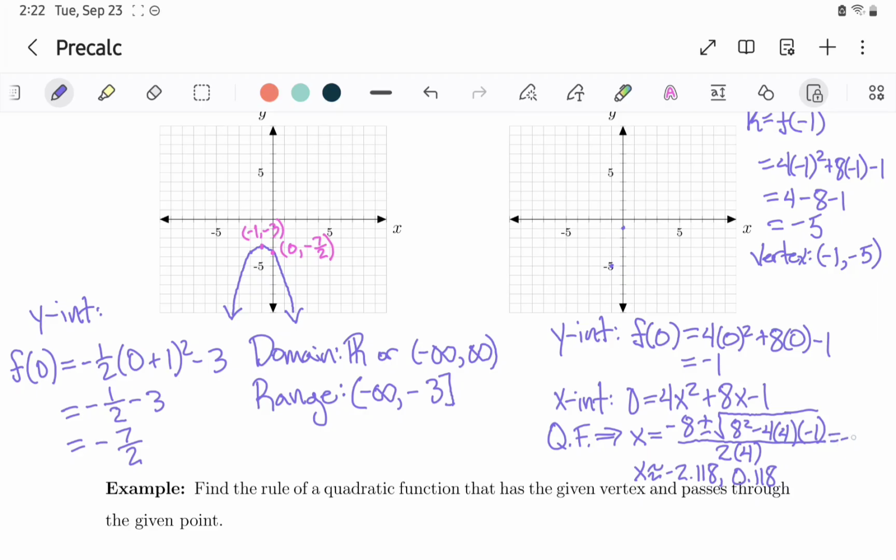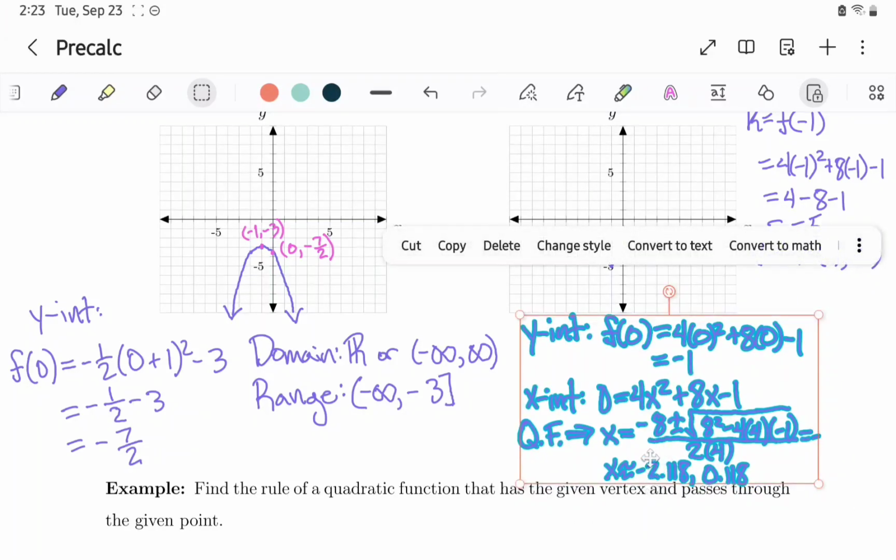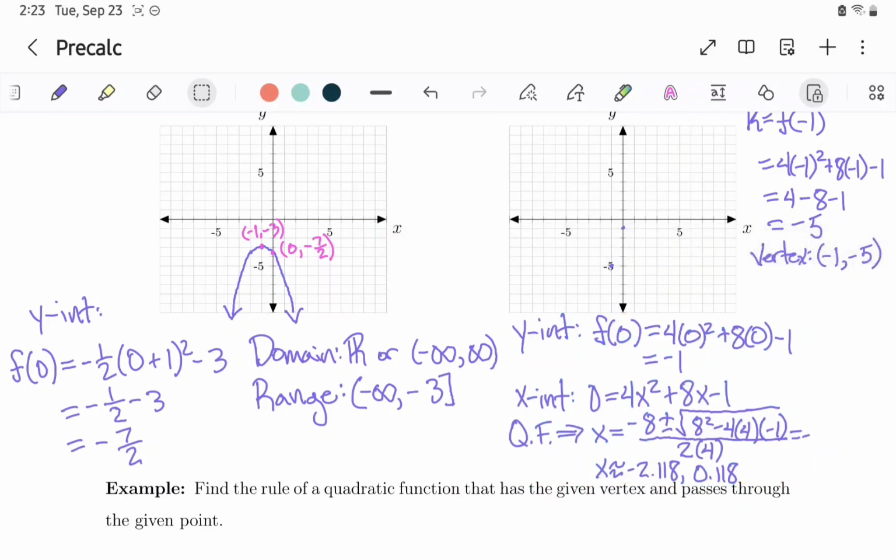So let me write that over here. Minus 1 plus or minus the square root of 5 over 2. So that would be the exact value for our zeros to this quadratic equation, which are going to give us the x coordinates for our two x-intercepts.